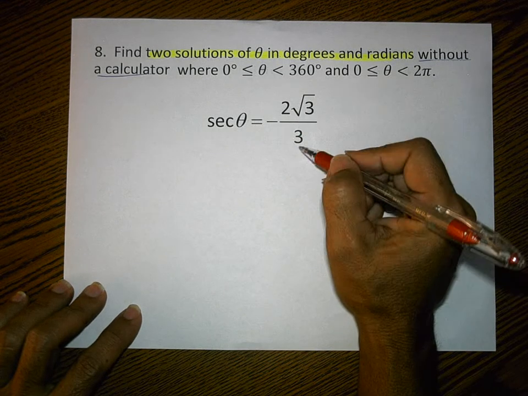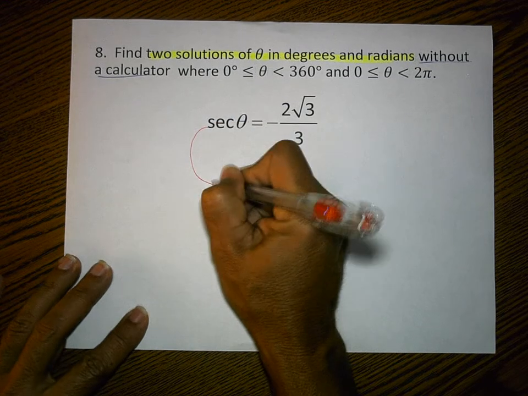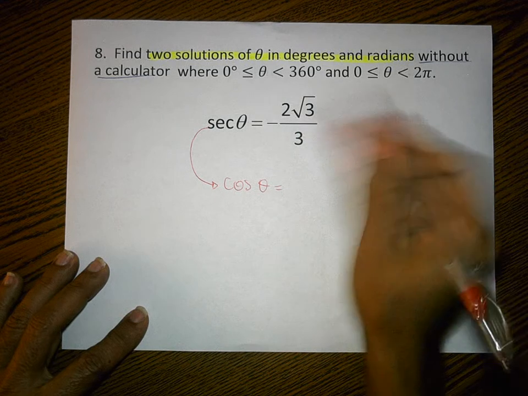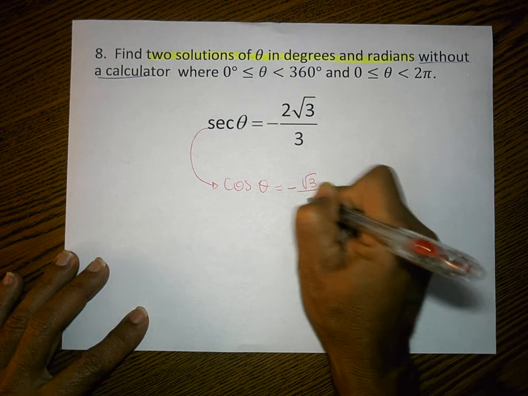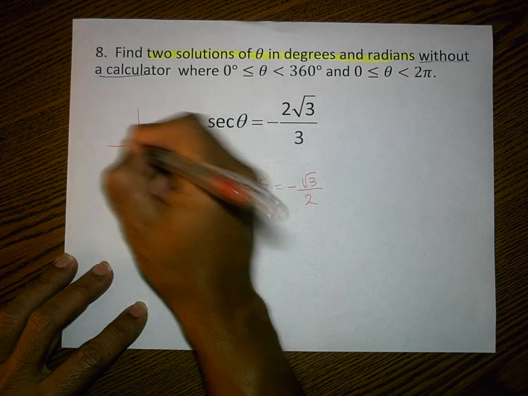By now, if you haven't caught that secret yet, the secant is related to the cosine. And if I rationalize the denominator, we're going to get -root 3 over 2. So where is the cosine -root 3 over 2? I know the cosine is negative in quadrant 2 and quadrant 3.